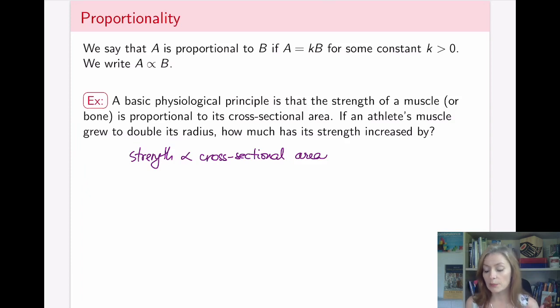So there's an implicit assumption there about the shape of a muscle. Now, if you think of some of our bones or some of our muscles, some of the biggest ones in our body, it is a fairly reasonable assumption to make that the shape is going to be cylindrical. Think of the bones, for example, in your arms or the muscles in your arms, right?